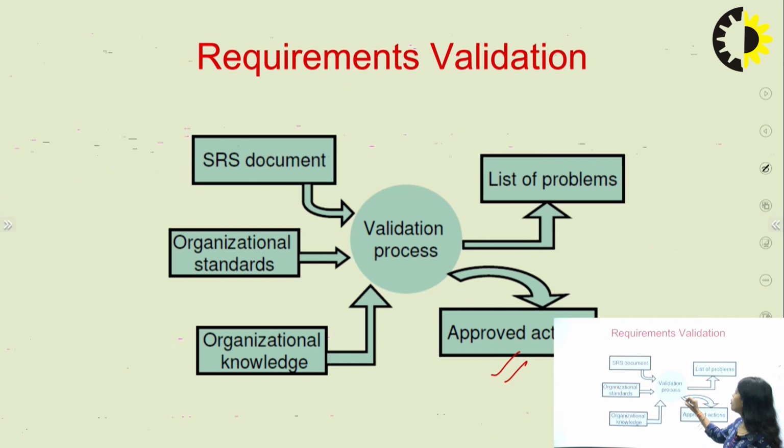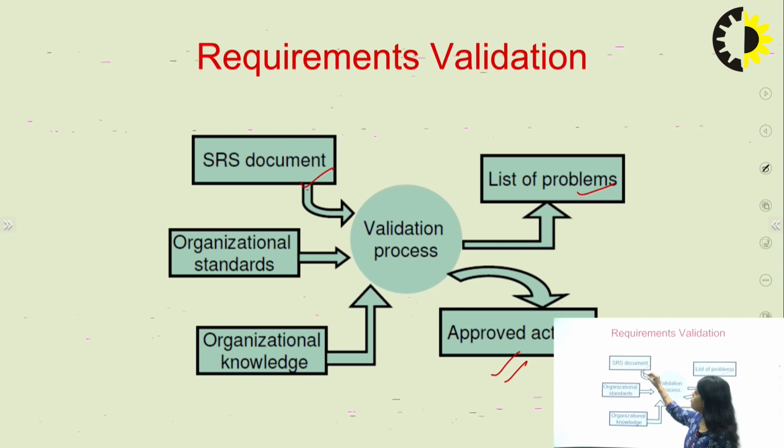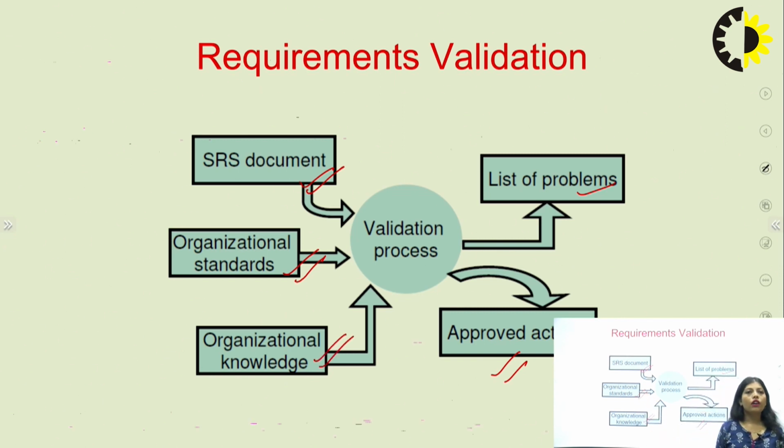In the validation process, we have a list of problems and we have the SRS document. After that, the SRS document and organizational standards like the IEEE standard and ISO standard. So we have to follow these standard guidelines. After that, we have organizational knowledge, like some knowledge about any customer or any product.